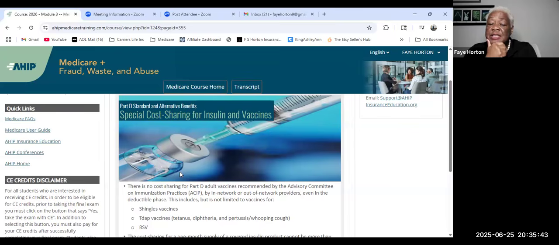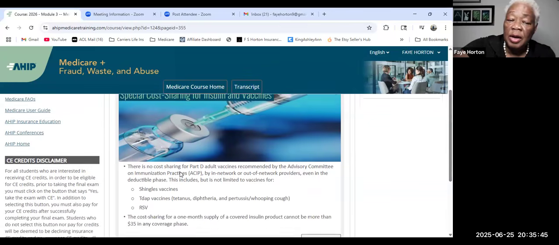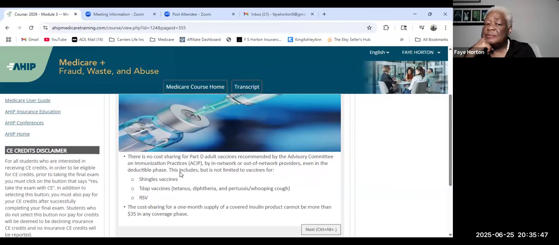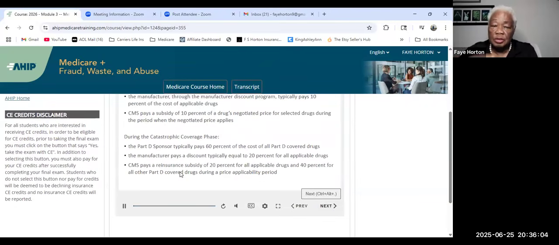This includes, but is not limited to, vaccines for shingles, tetanus, diphtheria, and pertussis (whooping cough), or RSV. The cost sharing for a 1-month supply of a covered insulin product cannot be more than $35.